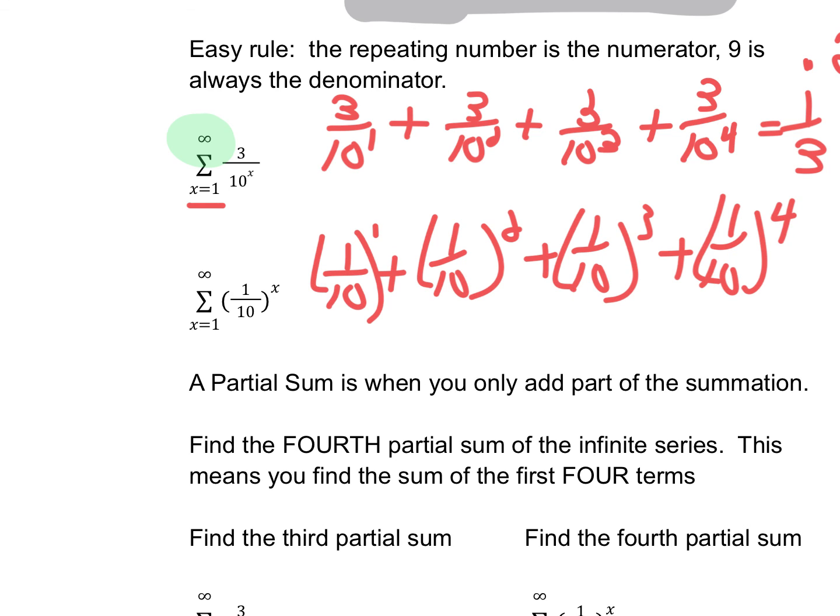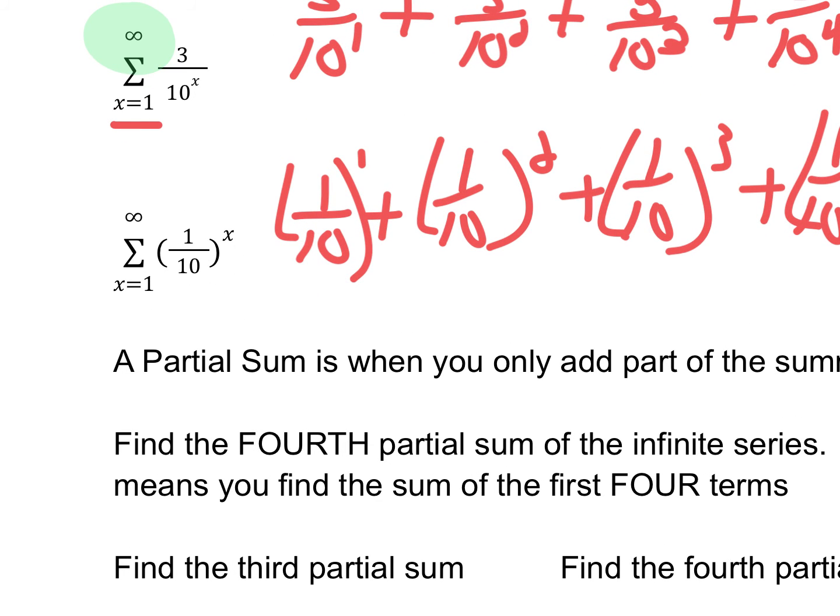Just remembering that when we have an exponent, it goes to both the top and the bottom. So 1 over 10 to the first, that's going to be 1/10, plus 1 over 10 to the second would be 1 over 10 squared, which is 1 over 100, which is going to be 0.01.